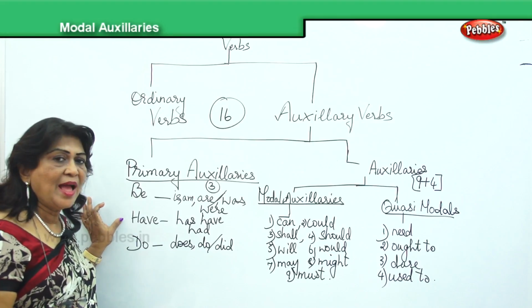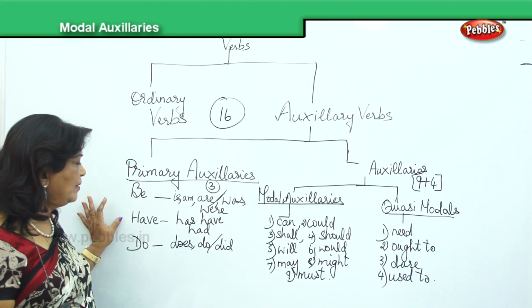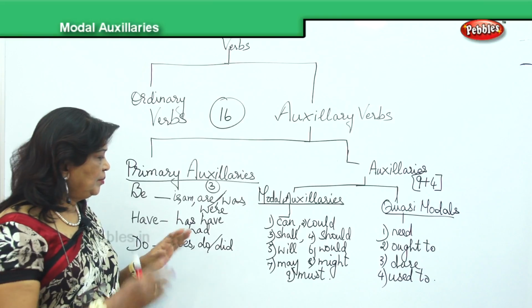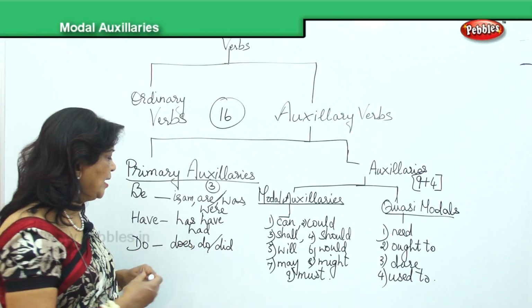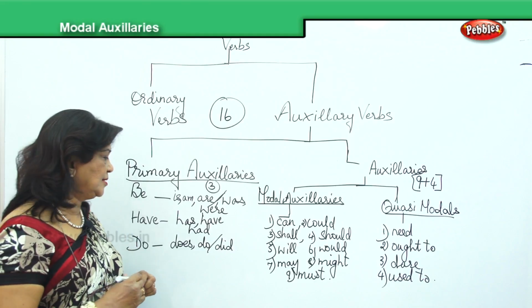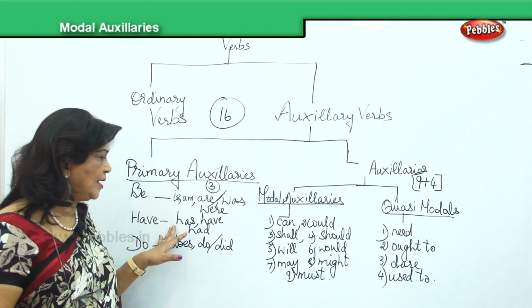So, all these are be form of verbs. Next, we have the have. That is under the perfect tense, and this can be expanded into has and have. These two are present perfect tenses. She has, he has, it has.